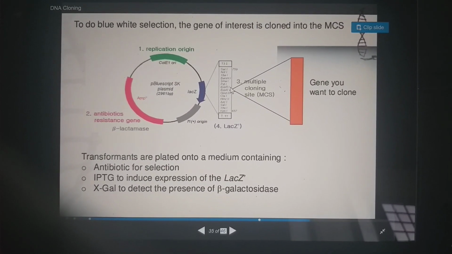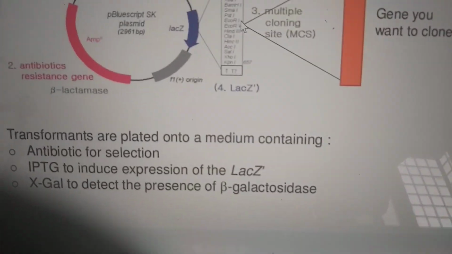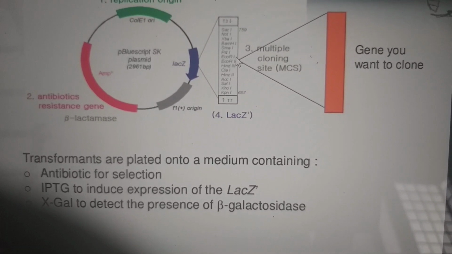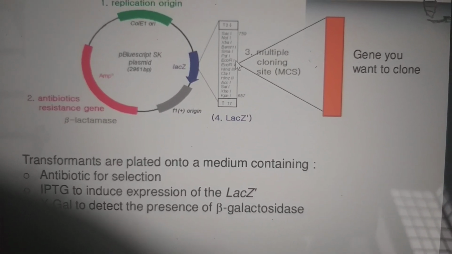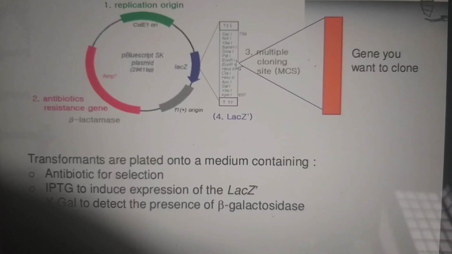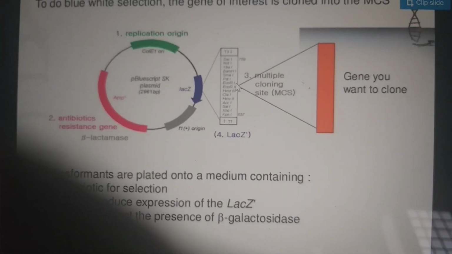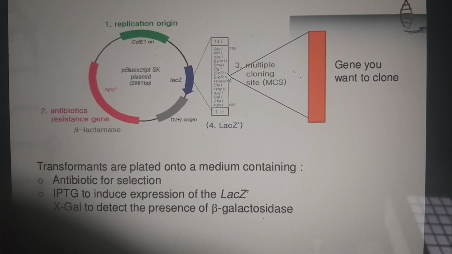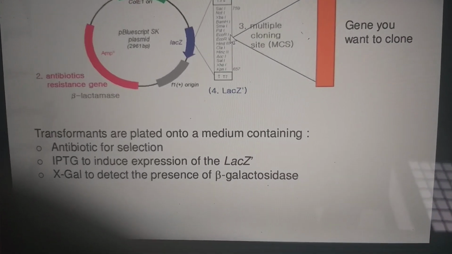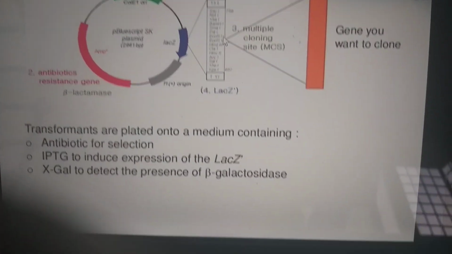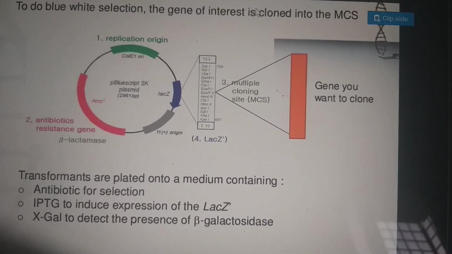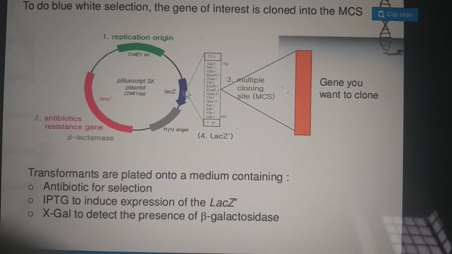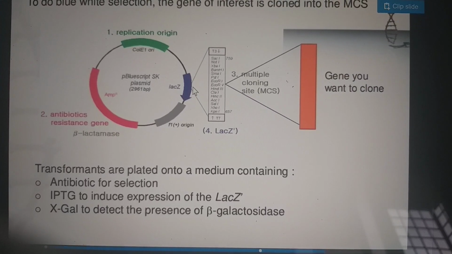So you can use any one of those restriction endonucleases which are mentioned over here to cut this vector, and you can insert the gene which you want to clone. Now you will get the recombinant plasmid, because here we are going to insert the gene of our interest.